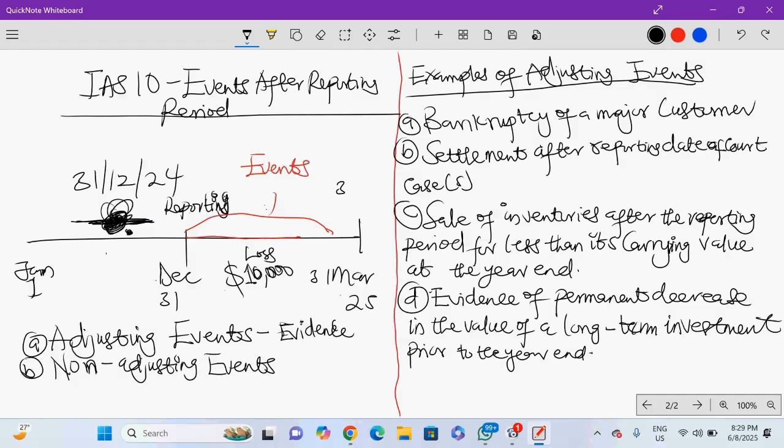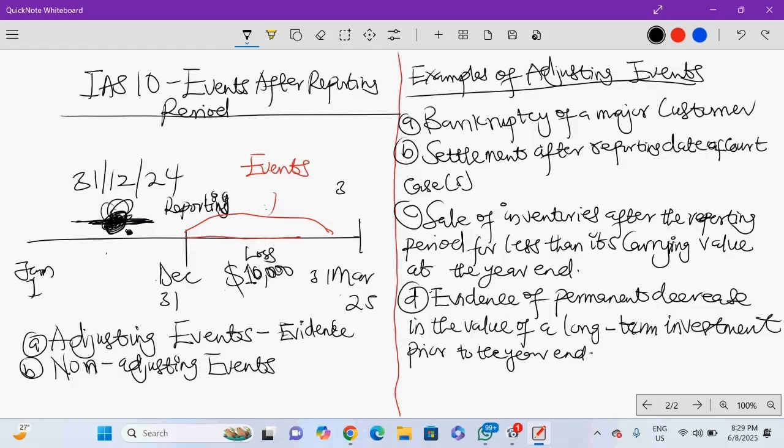So when we were in January to December, we anticipated that there will be a decrease in the value of the long-term asset, right?